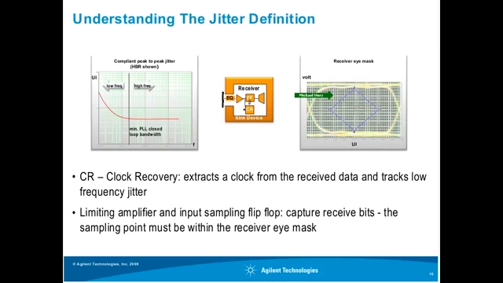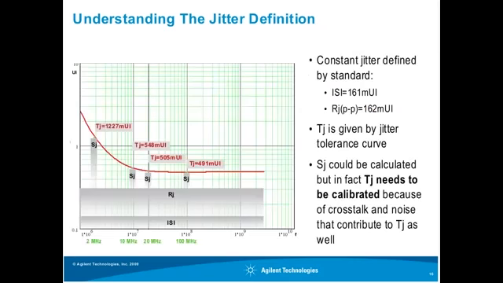It also indicates that for testing, we have to use high amounts of low frequency jitter to stress the clock recovery, and we may also want to use small amounts of high frequency jitter to stress the flip-flop in here. This also allows us to analyze what may be going wrong in our receiver.